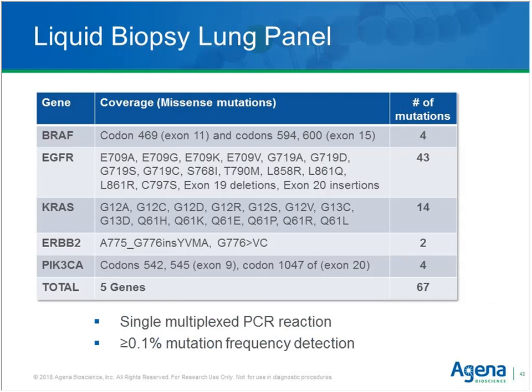It certainly has all the sensitizing mutations and the resistance markers, and it has content in BRAF, KRAS, ERBB2, and PIK3CA, just following the international guidelines for the interrogation of markers in non-small cell lung cancer. And all these 67 markers can be interrogated from a single starting multiplex PCR, as I alluded earlier, with the limit of detection down to 0.1% mutant allelic frequency.